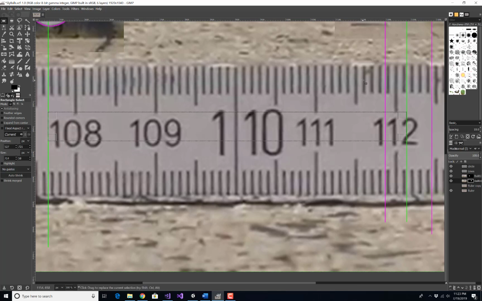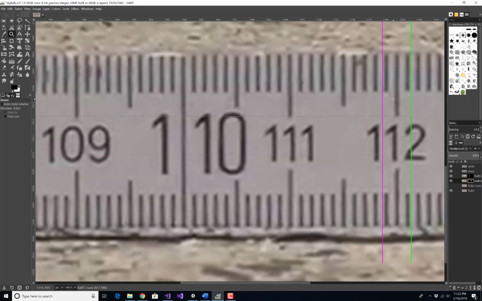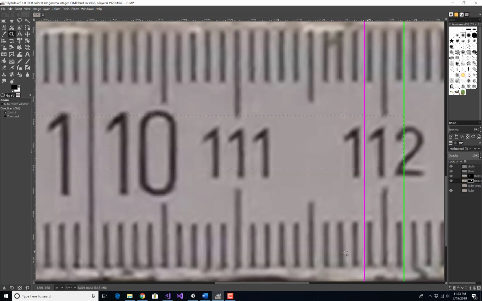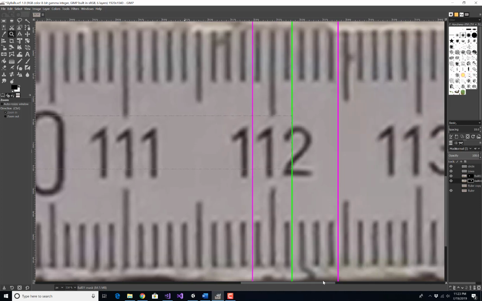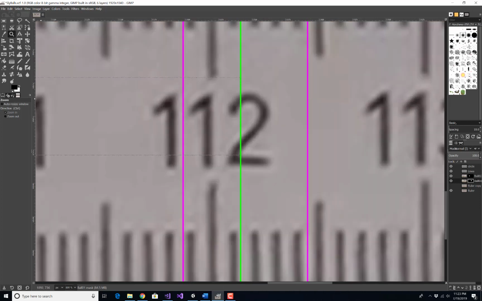And the purple lines, let's get them both on screen here. Okay, the purple lines, how far apart are they? They are 93 pixels apart. So let's crunch the numbers and see what we get.